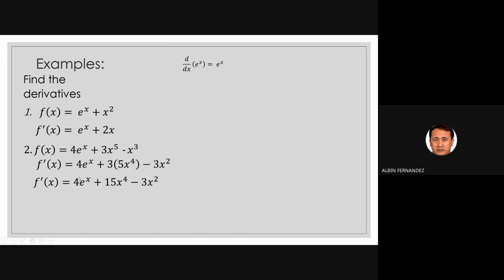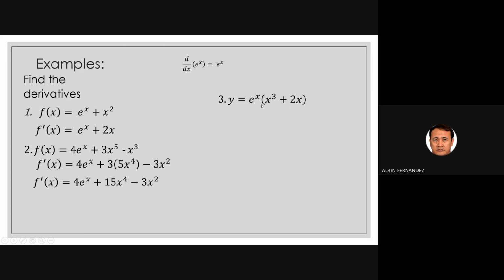This will simplify to 4e to the x plus, again, this is 15x to the fourth minus 3x squared.